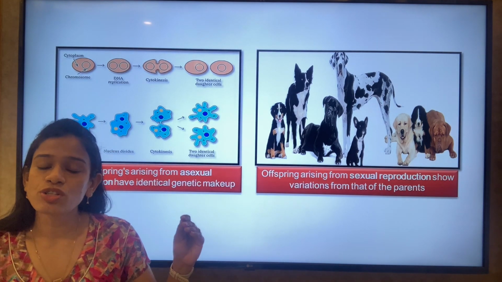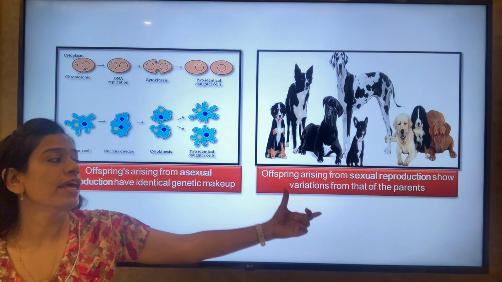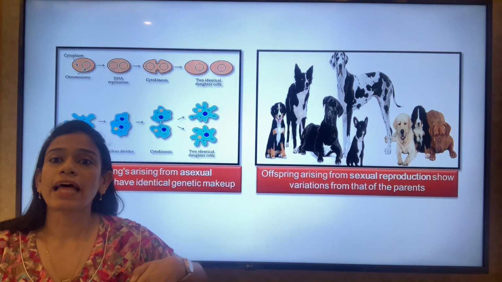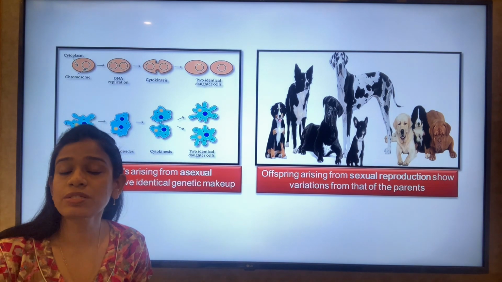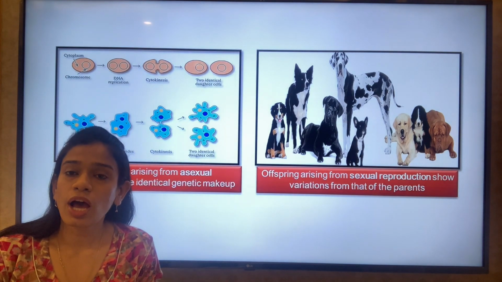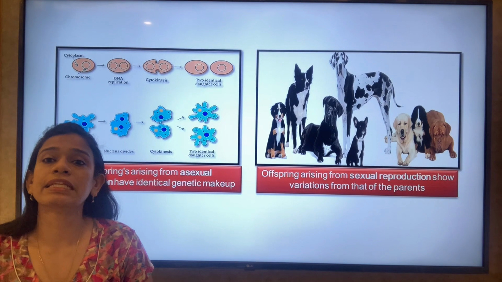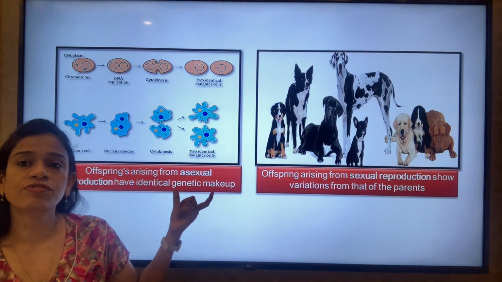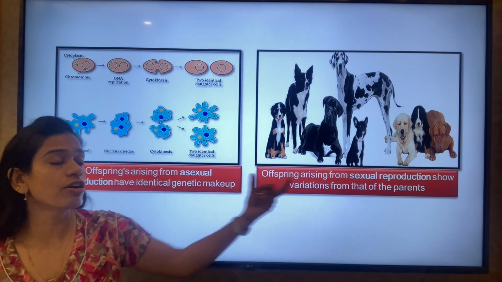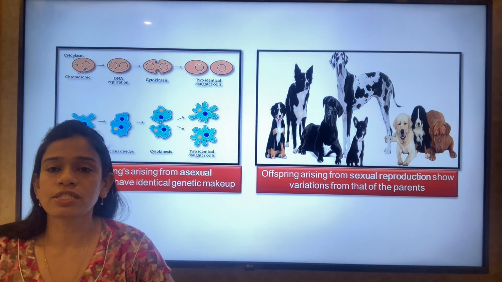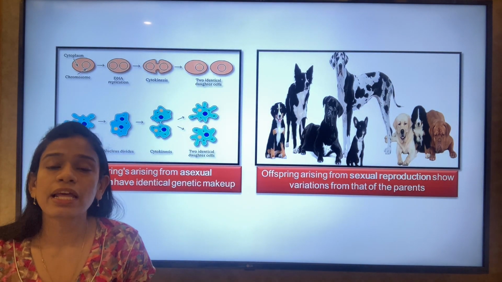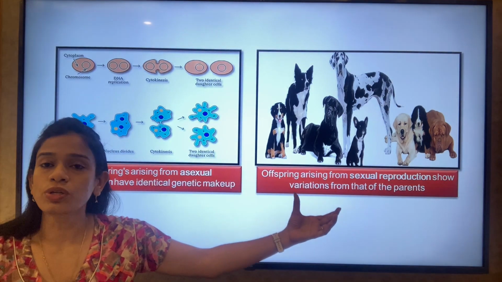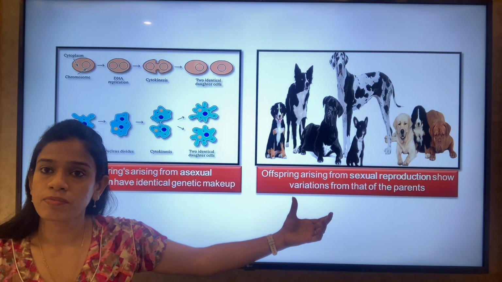Now, I told you that in offsprings under sexual reproduction, the traits are inherited, or passed on. How do they pass on? Because the genes are passed on. Here also the genetic constituents are passed on. Then how are these two different from each other?